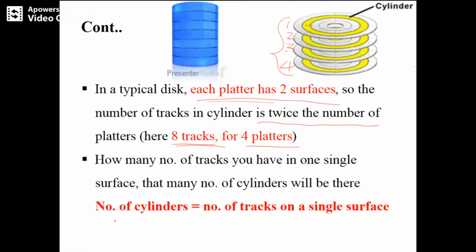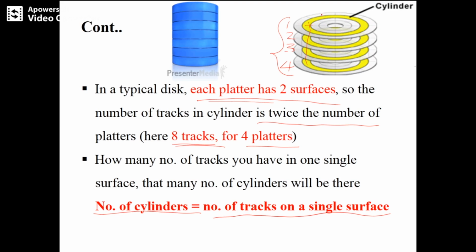So I can tell the number of cylinders is nothing but the number of tracks on a single surface. How many cylinders are there here? There is only one cylinder, because only one track is there on a single surface.